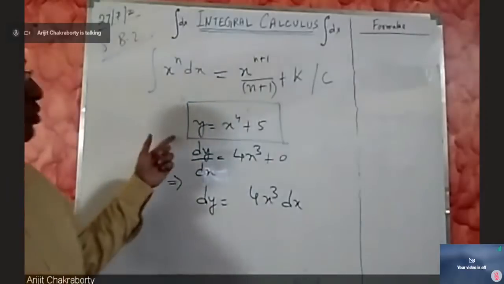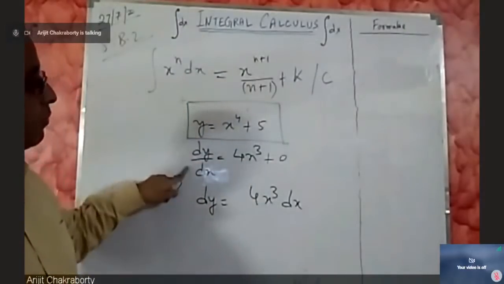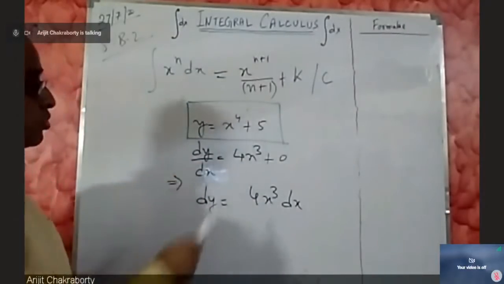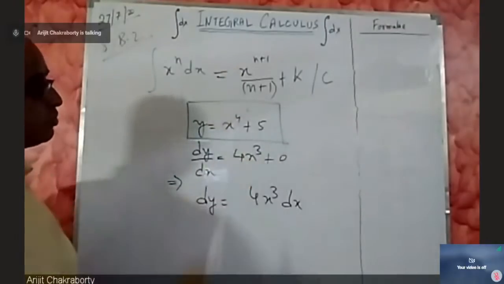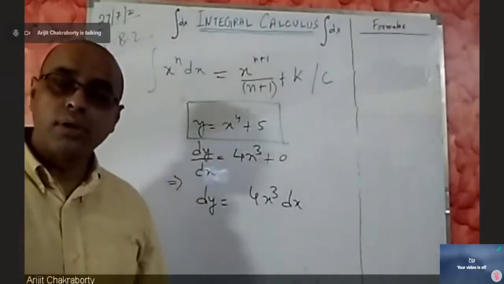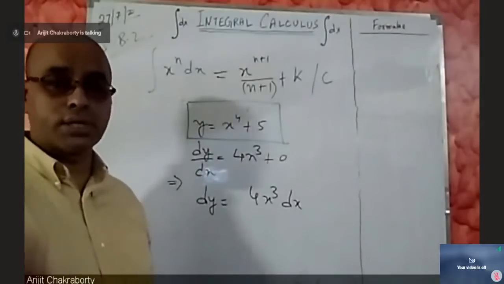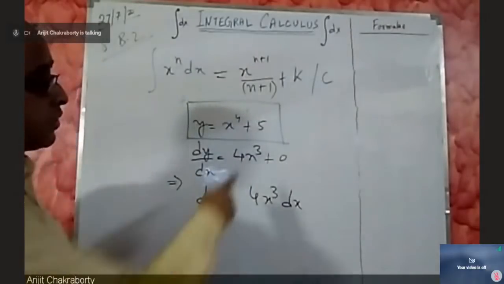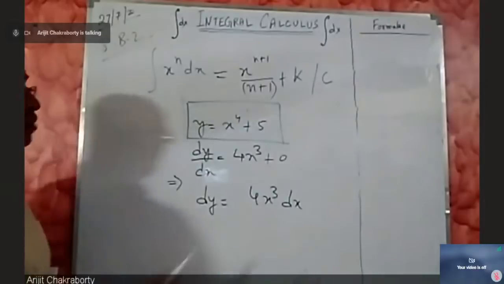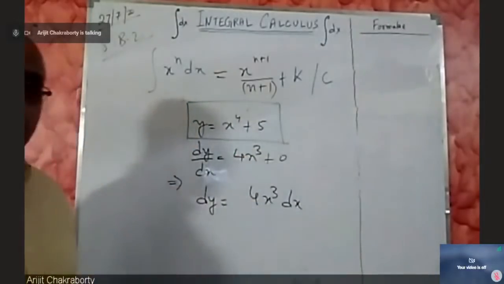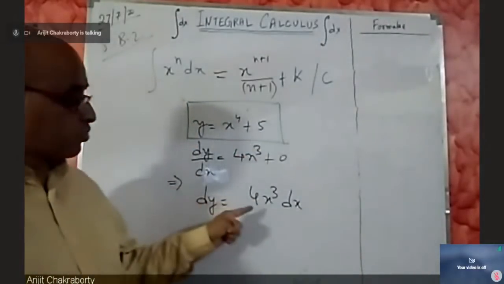If you differentiate both the sides, we have dy by dx equal to 4 into x cubed, because for x to the power 4 the differential coefficient is 4x cubed, plus 0, because we know that the differential coefficient of a constant is 0. So we get dy equal to 4x cubed dx.